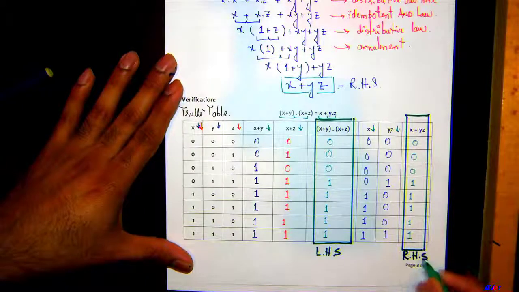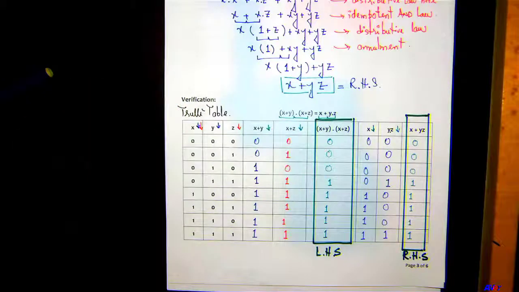Okay. Let me ask you a question. If you go with the left hand side, if you want to design your circuit using the equation on the left hand side, how many gates you would need? Yes. Is that right? And if you go on the right one, how many gates you would need? 2, right?